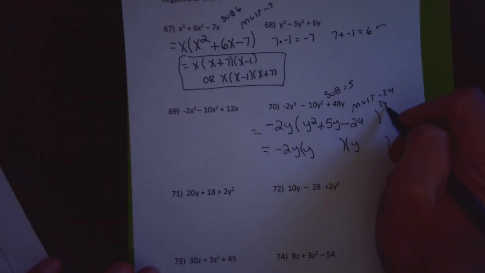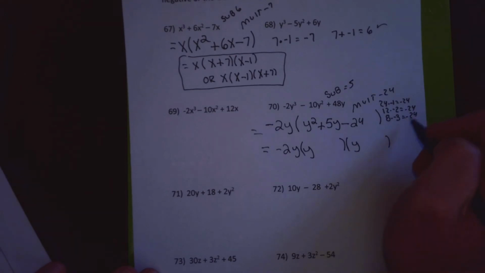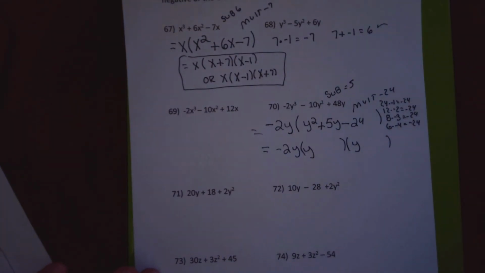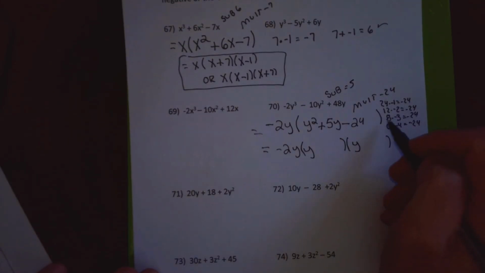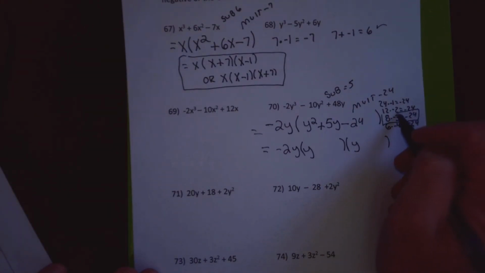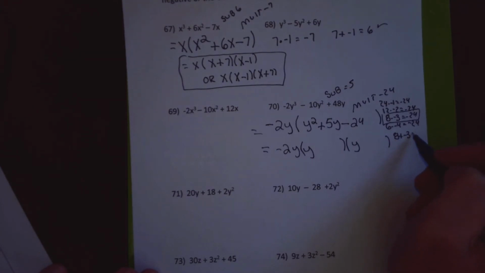So 24 and negative 1 multiply to negative 24. 12 and negative 2 multiply to negative 24. 8 and negative 3 multiply to negative 24. 6 and negative 4 multiply to negative 24. And now I'm going to find the pair that gives me the 5, and I can see that right there because 8 plus negative 3 is really the same as 8 minus 3.